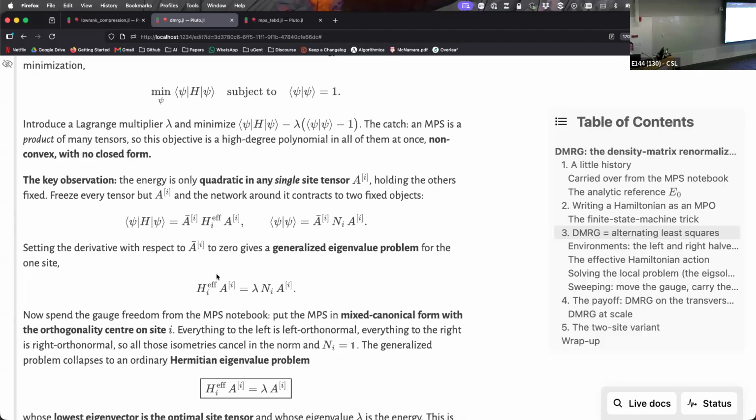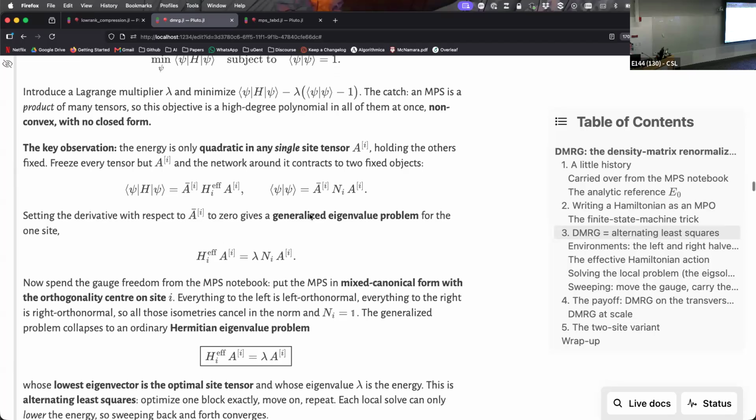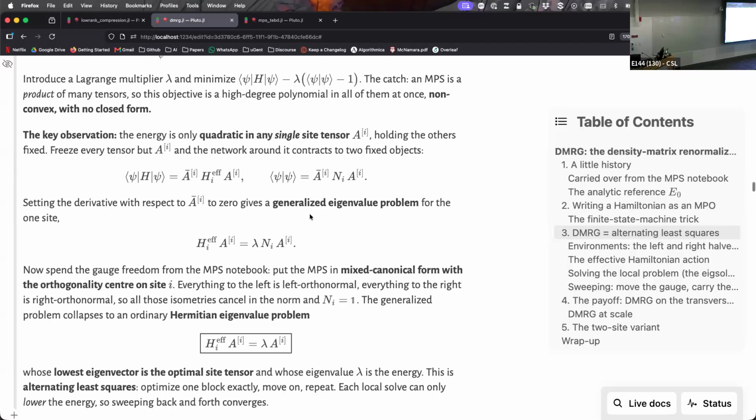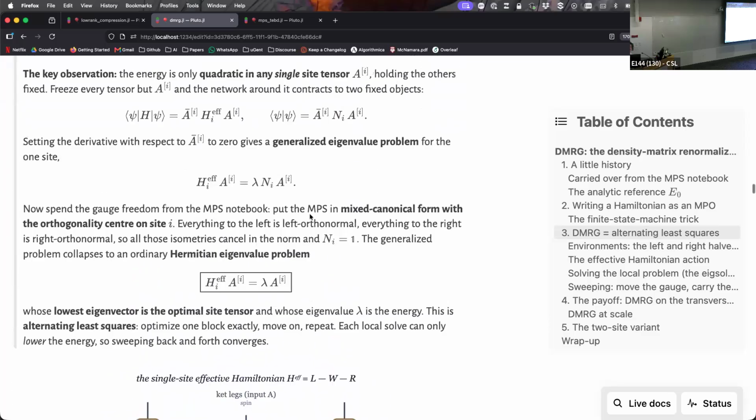Because it's quadratic, the MPS tensor appears only once in the bra and once in the ket, and the same for the norm equation. This just gives you a generalized eigenvalue problem for this localized tensor.